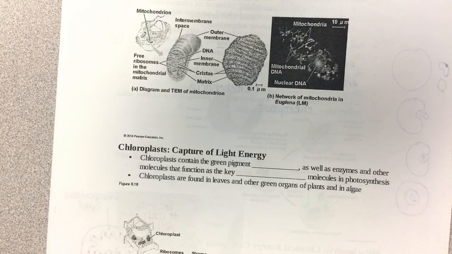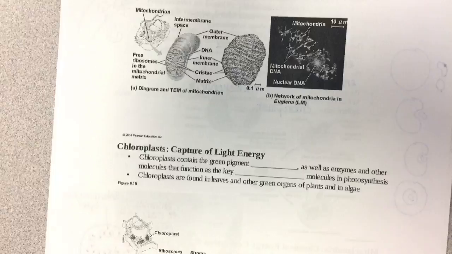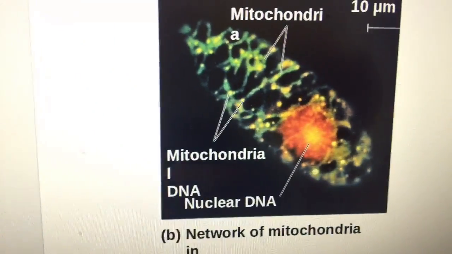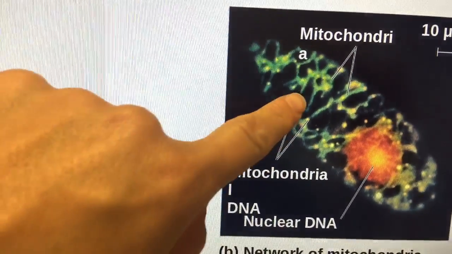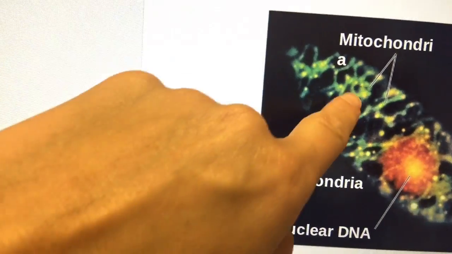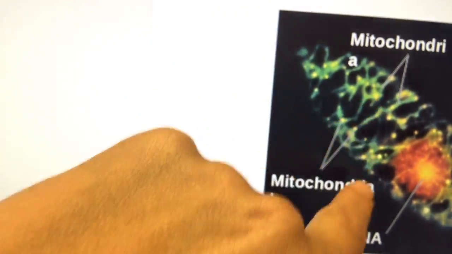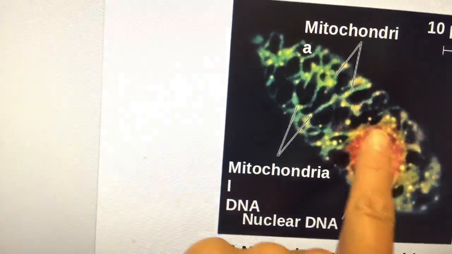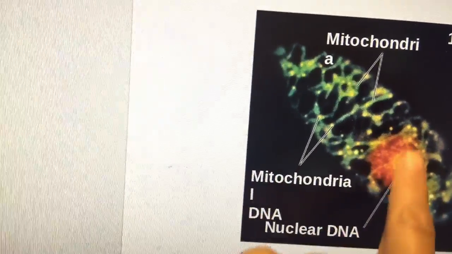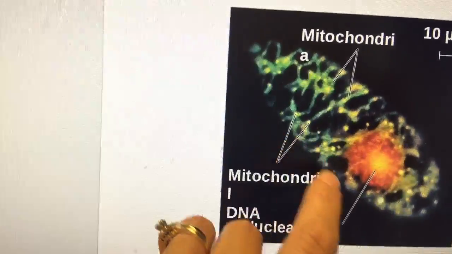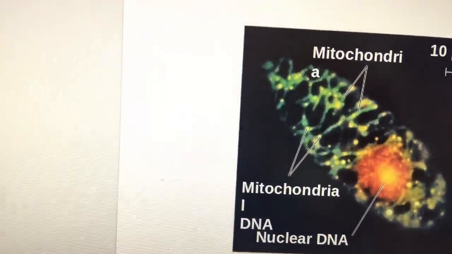Let me show you that picture here. Here's the mitochondria, and the DNA inside the mitochondria is in yellow. This is the nucleus inside the cell, so this is the nuclear DNA, and then you have your mitochondrial DNA in yellow.